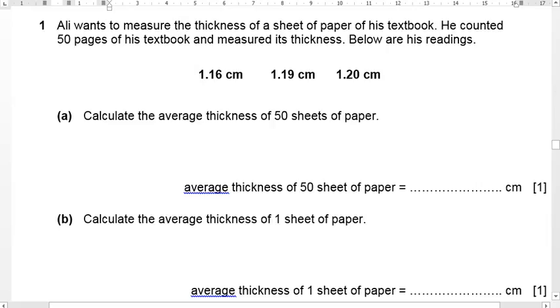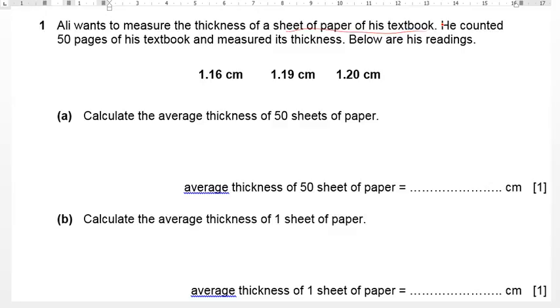Okay, now let's measure the thickness of one sheet of paper. How to measure? What's the instrument with the highest precision that you know? They use the micrometer screw gauge.